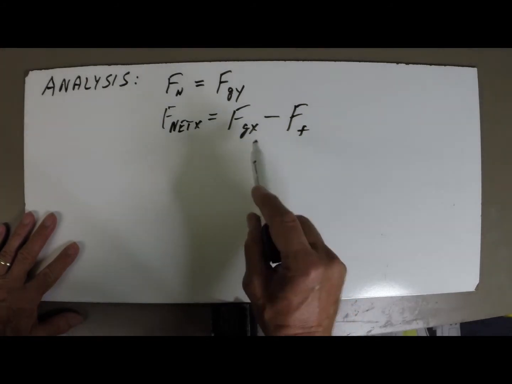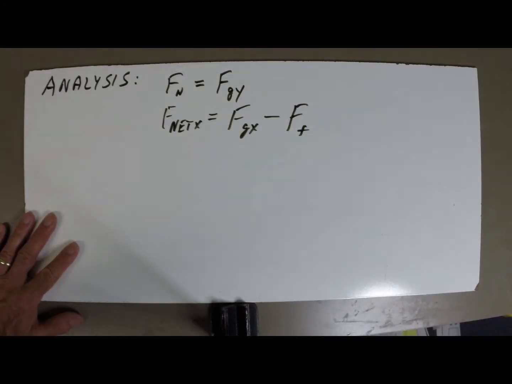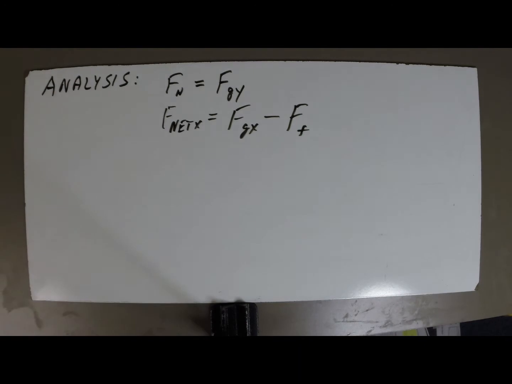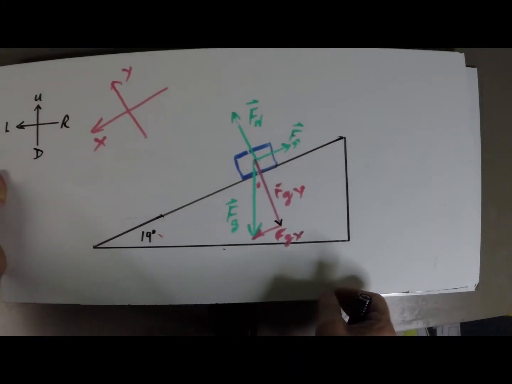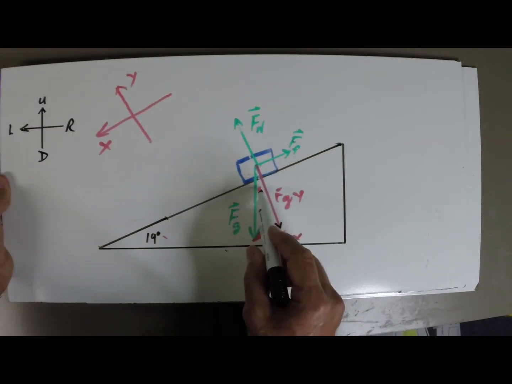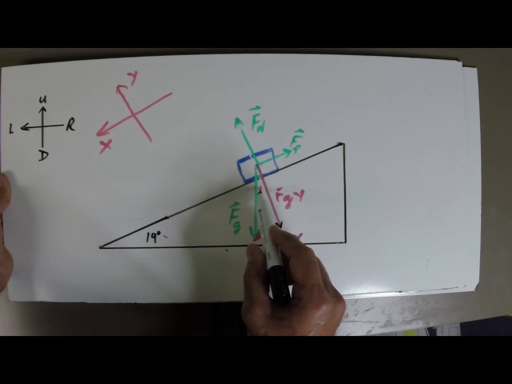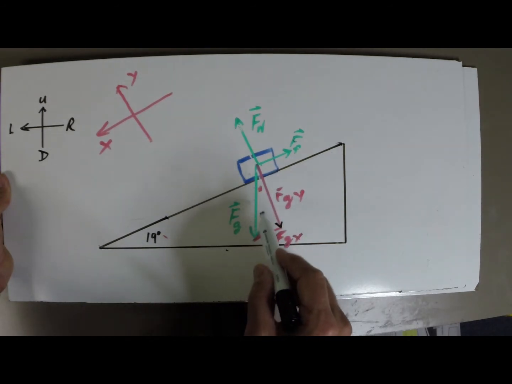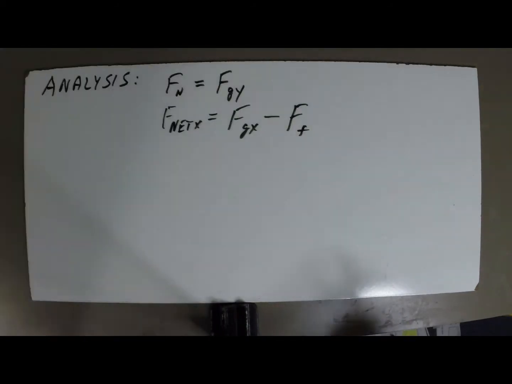Now, when we're trying to find the components of gravity, again in the diagram here, the y component of gravity is adjacent to the 19-degree angle, so it will be the hypotenuse times the cosine of the angle.